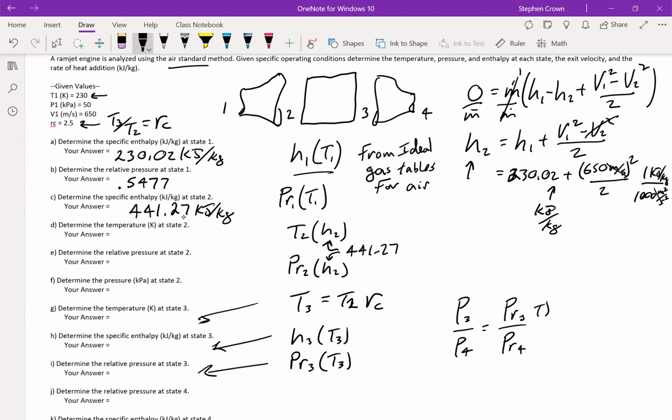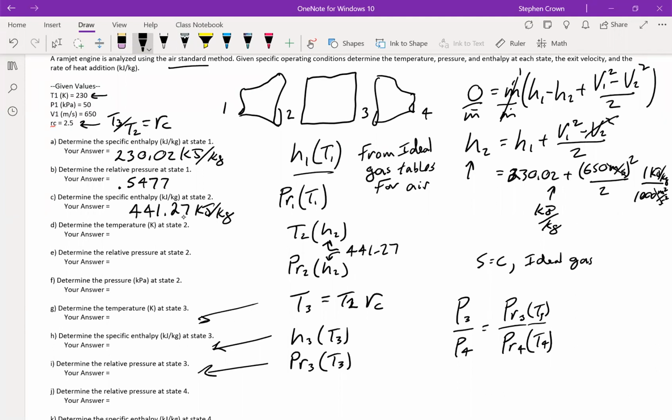That's going to be, well, we already know it, but a function of T3, and PR4 will be a function of P4 from the ideal gas tables. And that's true because it's an isentropic process. The nozzle is isentropic, so S equals constant. And it's an ideal gas.